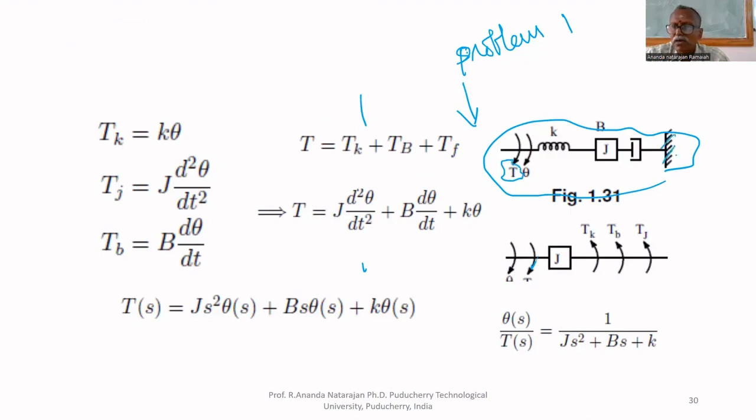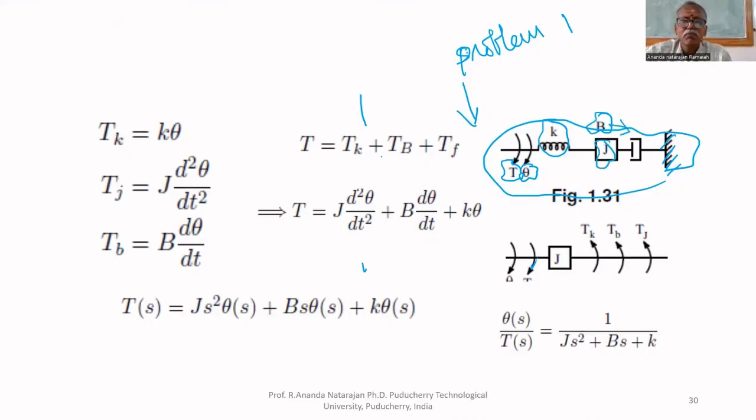One end is fixed. Torque applied is T. The displacement, one end only, other end is fixed, that is theta. The spring constant is K. Dashpot constant is B. The moment of inertia is J.